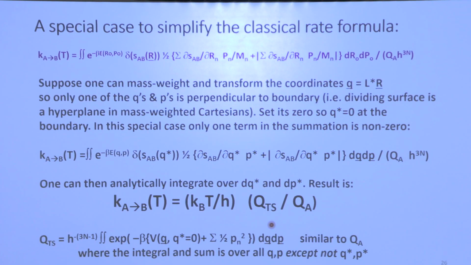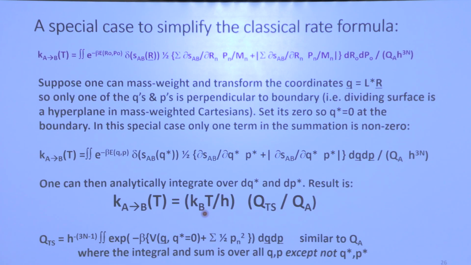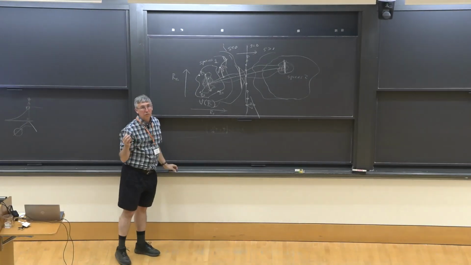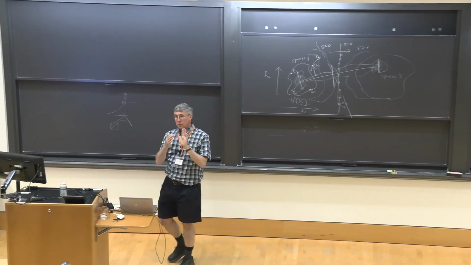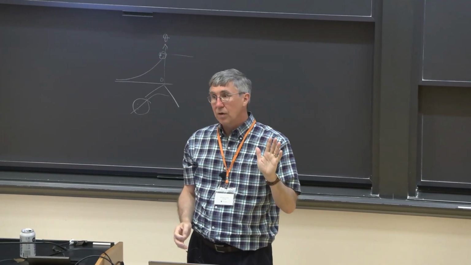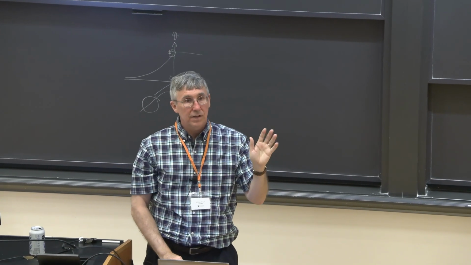It says that the rate coefficient is just Boltzmann's constant times T divided by Planck's constant times the ratio of these two Q's, where the Q's are the partition functions of the transition state and of the reactant. This is just classical stat mech, based on that definition of the species, and assuming that I can make a planar hyperplane that's the dividing surface between the two.